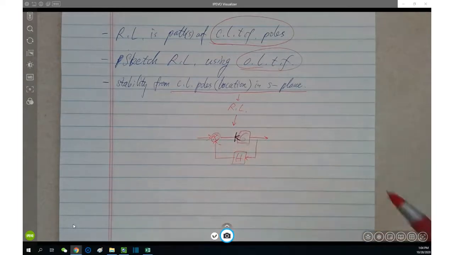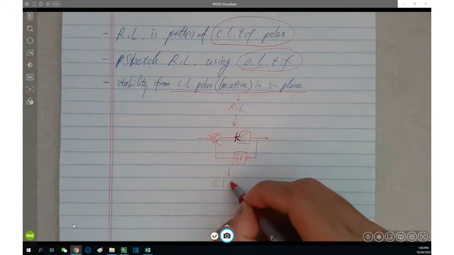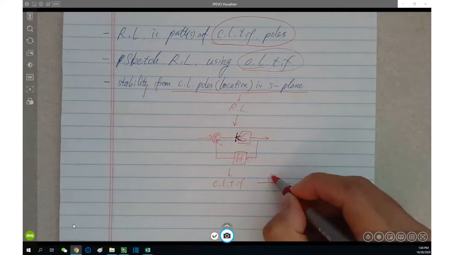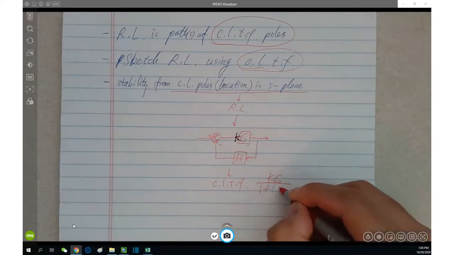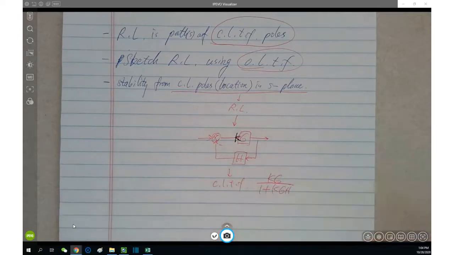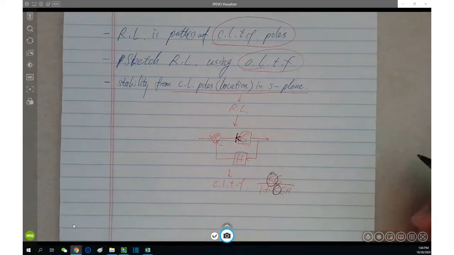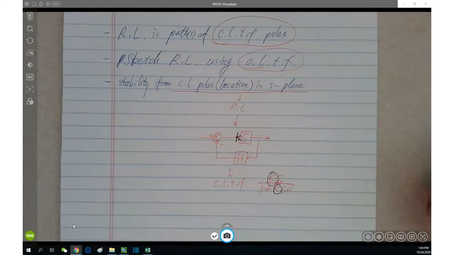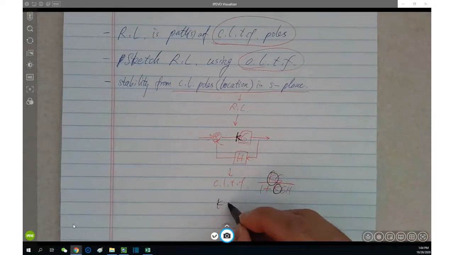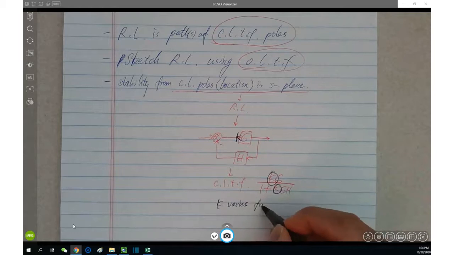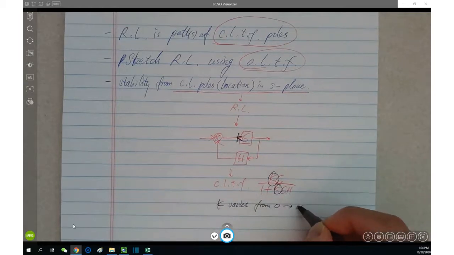You give this a K, and then the closed loop transfer function becomes KG divided by 1 plus KGH. So how to obtain a path, or say curve? We are varying K value from 0 to infinity continuously.